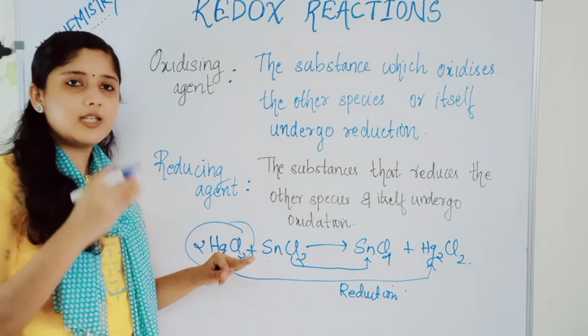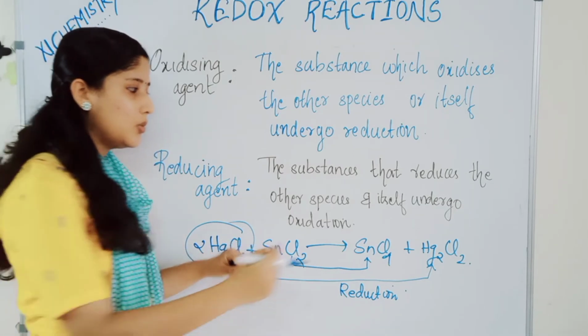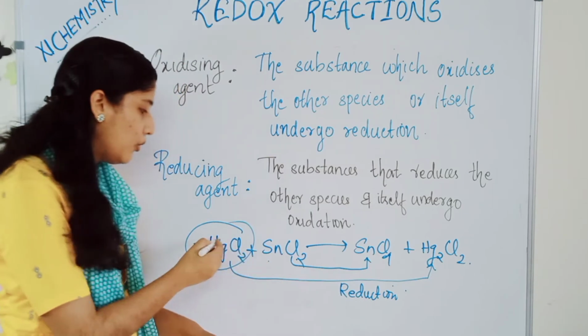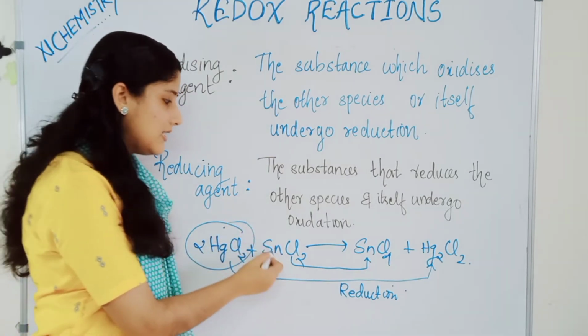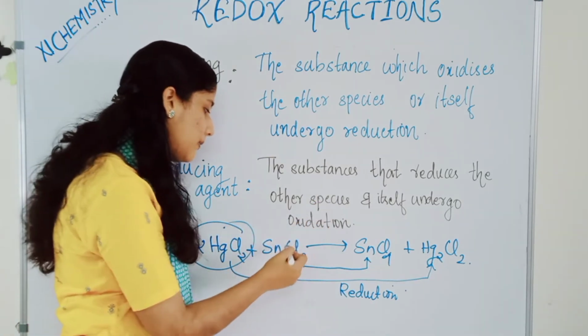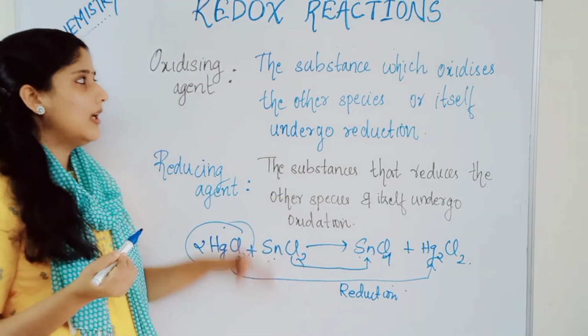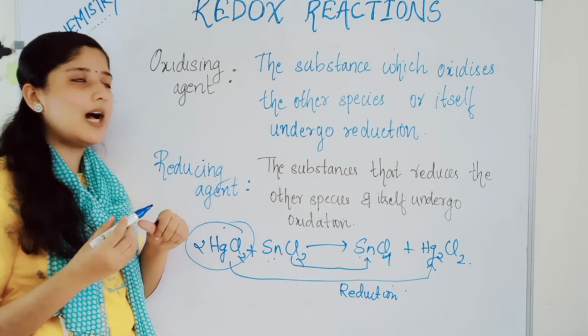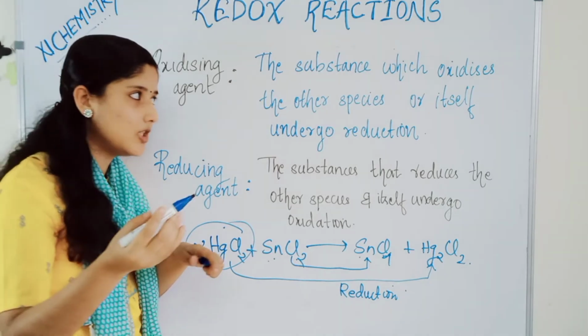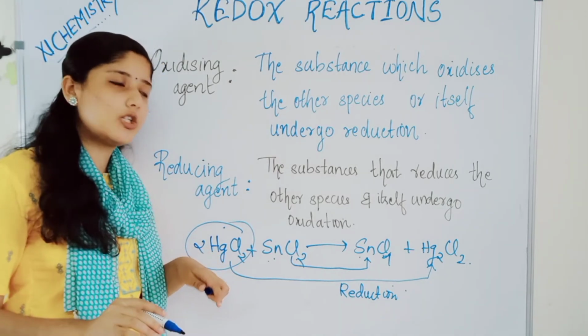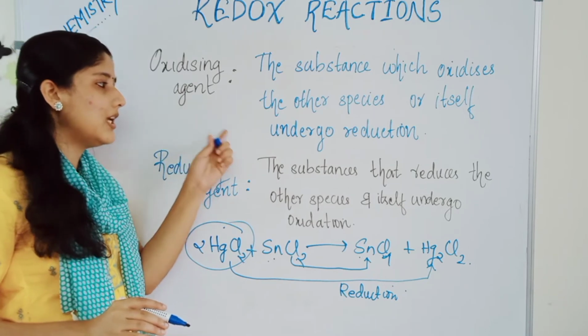HgCl2 itself undergoes reduction to Hg2Cl2 and also makes SnCl2 into SnCl4. The substance which oxidizes the other species and itself undergoes reduction is called an oxidizing agent.